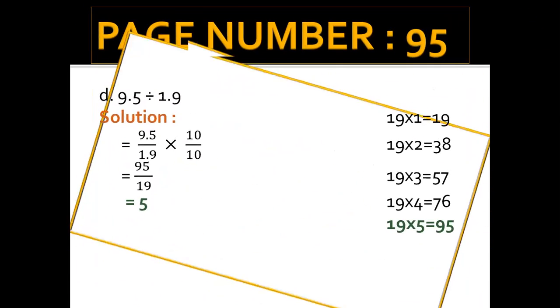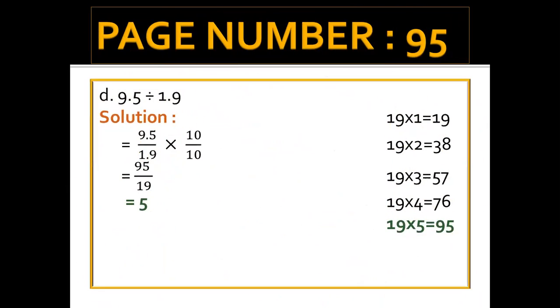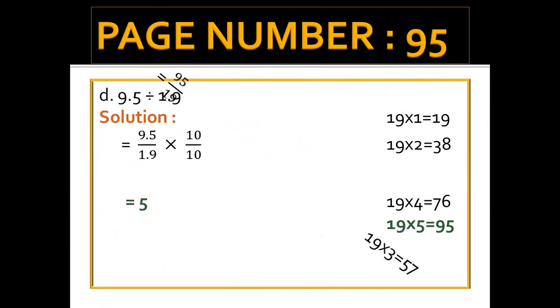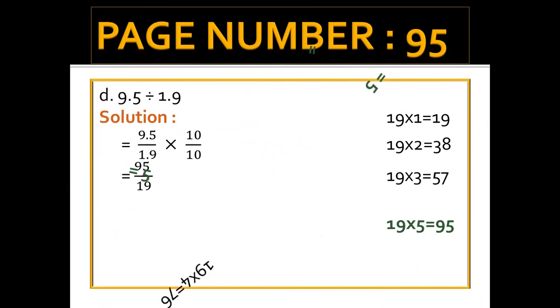Part D is 9.5 divided by 1.9. Again we have only one number after the decimal, so we multiply and divide both numbers by 10. When we multiply 9.5 by 10, the decimal will finish and 95 will be there. 1.9 multiplied by 10, we remove the decimal and 19 will be there.